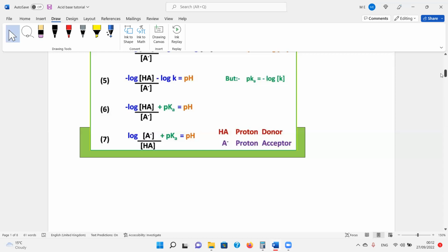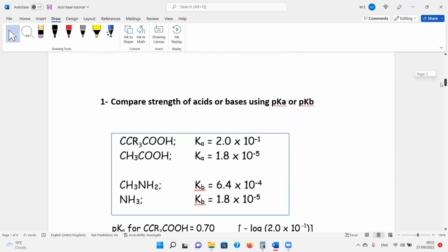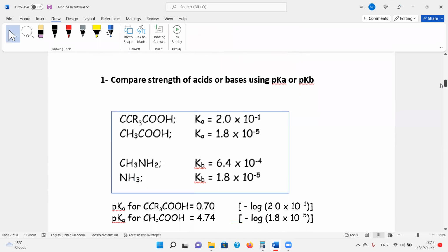Okay. So the first question here is a comparison between acids, and in this comparison, or comparison between bases as well, you are given Ka values and Kb values in case of bases, and you are asked to compare between these values, which acid is stronger.